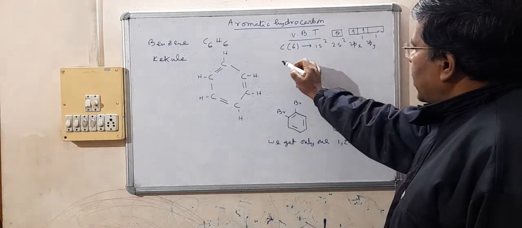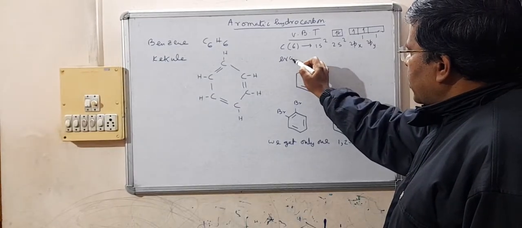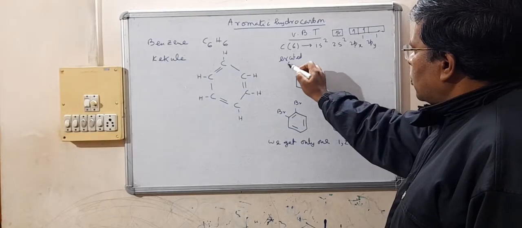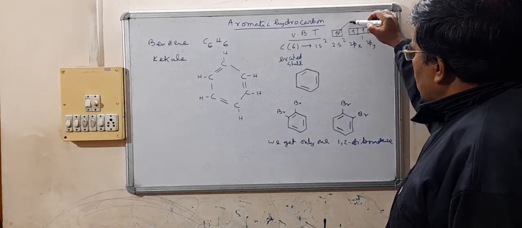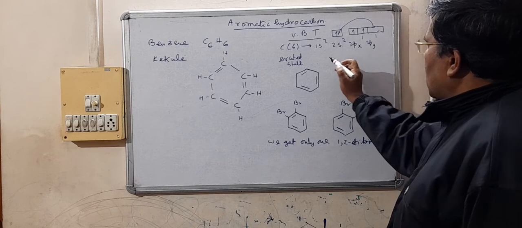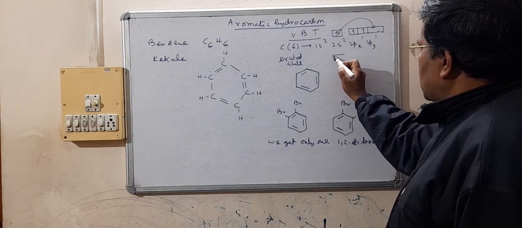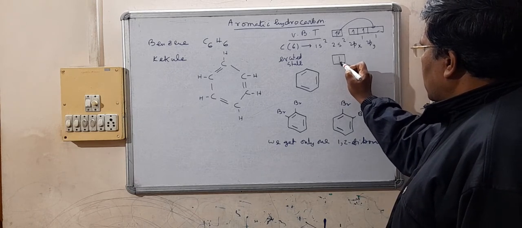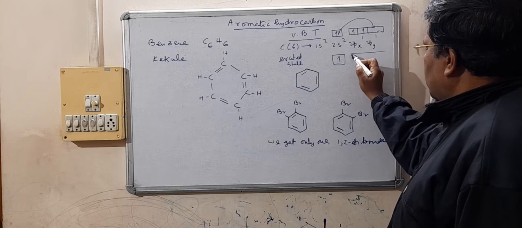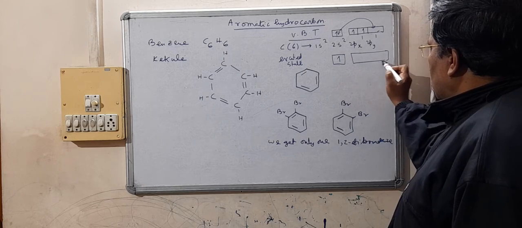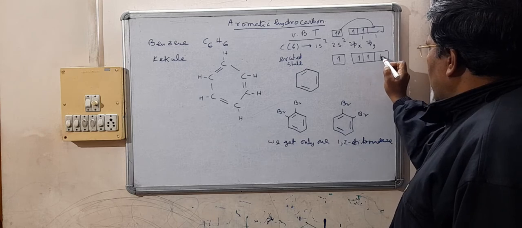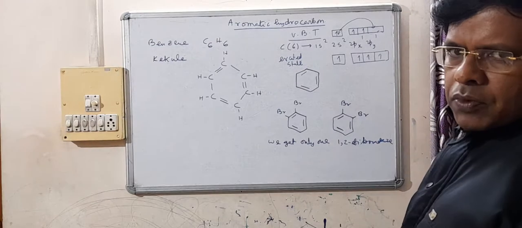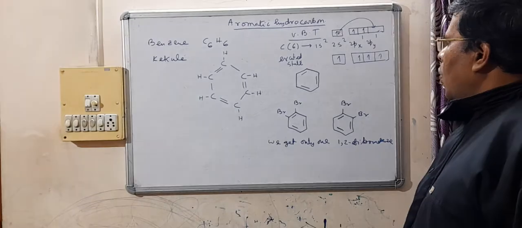Now it is said that carbon goes to the excited state. In the excited state, this electron goes here, so the excited state configuration has one electron here. This is what we get in the excited state.